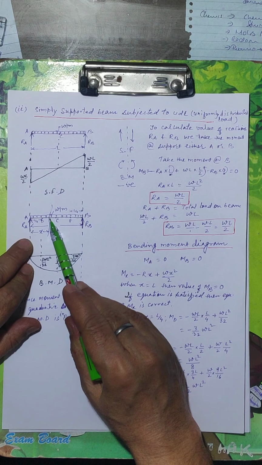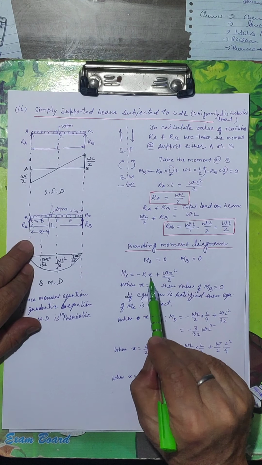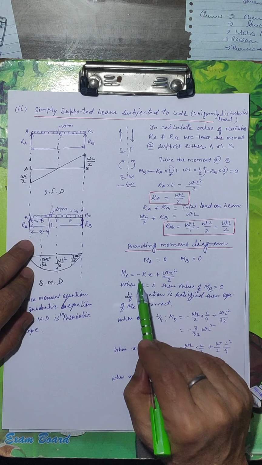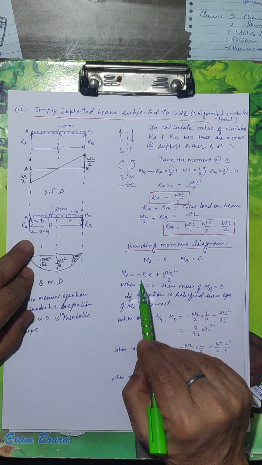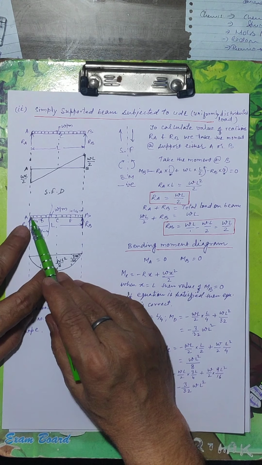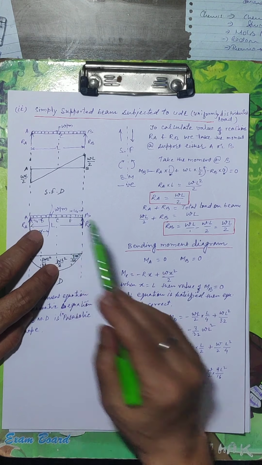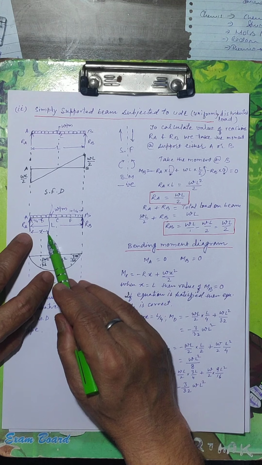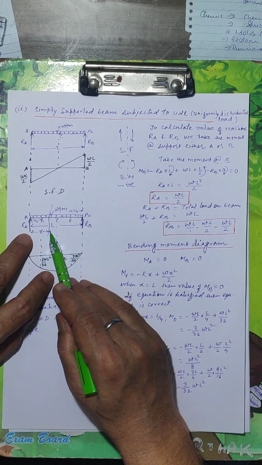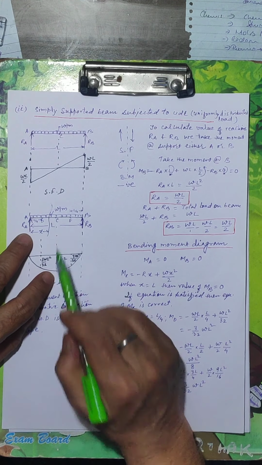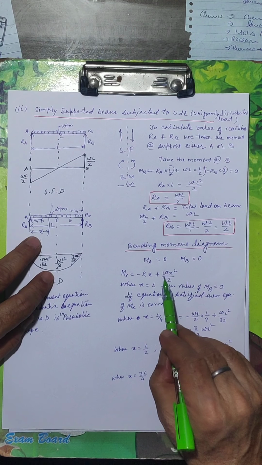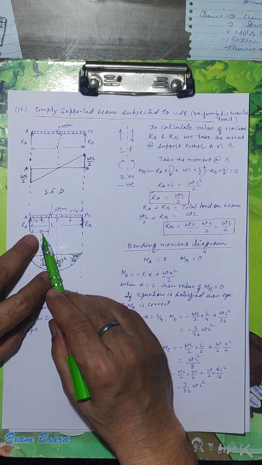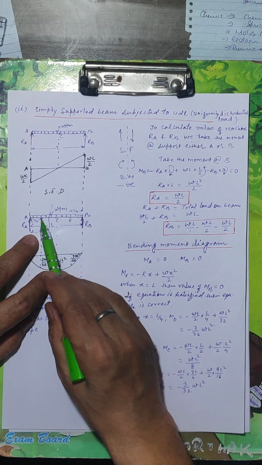RA into X, distance is X, direction is clockwise, left side of section, that means it would be taken as negative. Then UDL, W per meter, total load Wx, because section is at a distance X, so Wx into distance multiplied by x by 2.